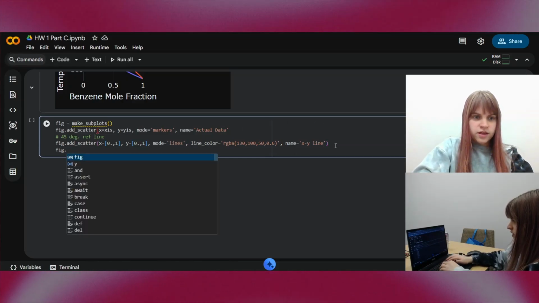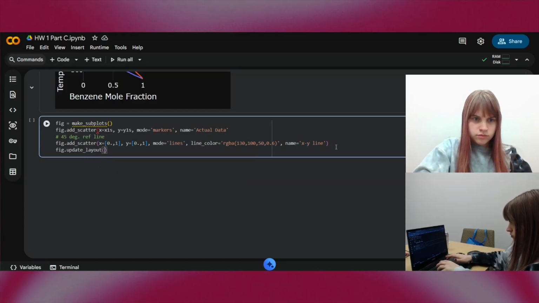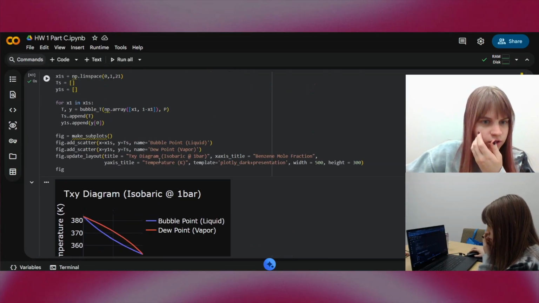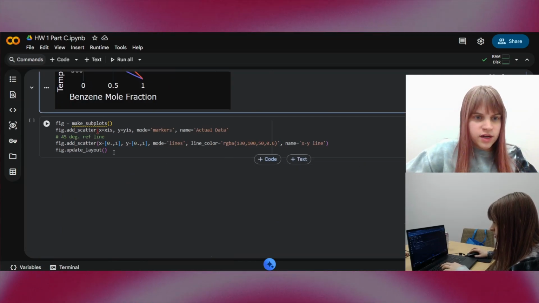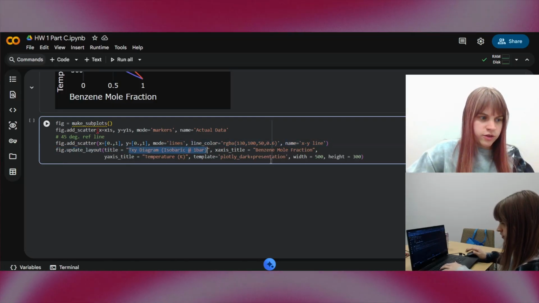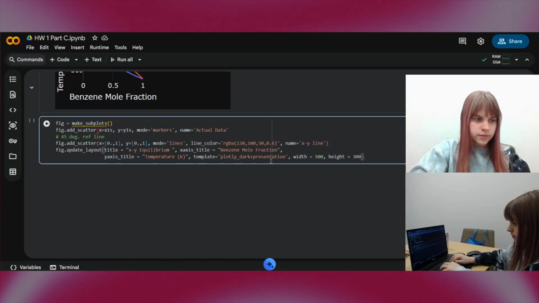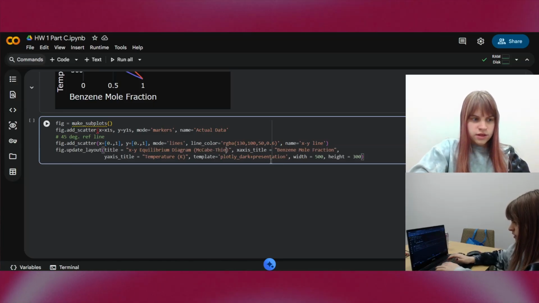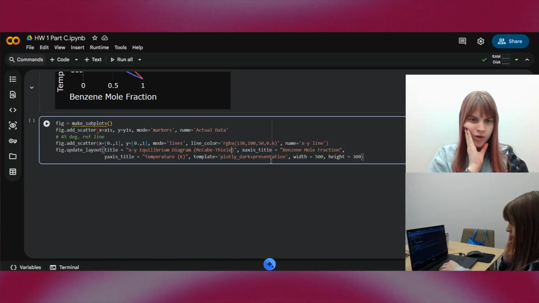And we can update the layout again. I'm actually going to go ahead and copy this again, because it has all the things that I want to put in. So I can just change the title and everything. We're going to call this the XY equilibrium diagram, using the McCabe-Thiele calculation.